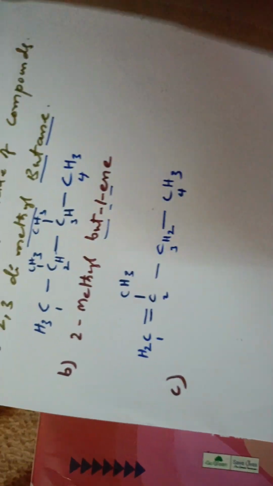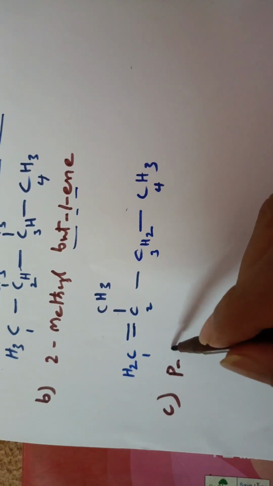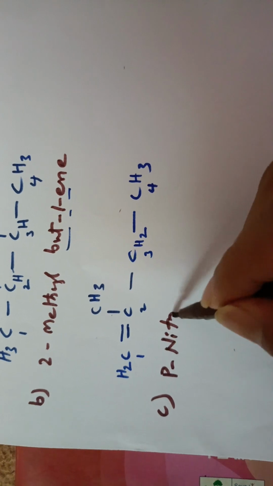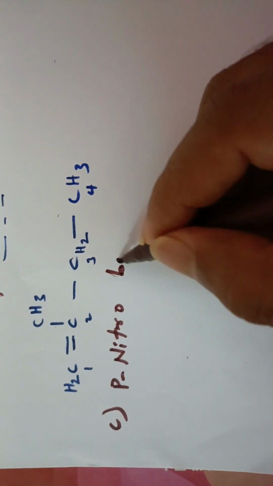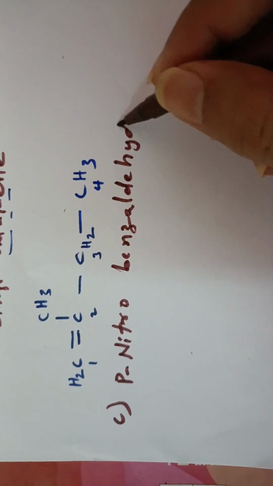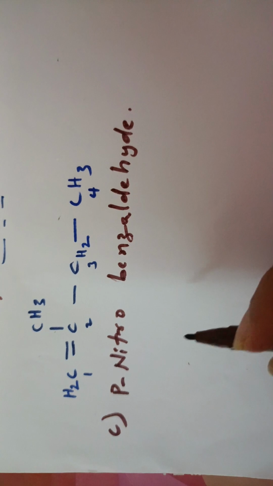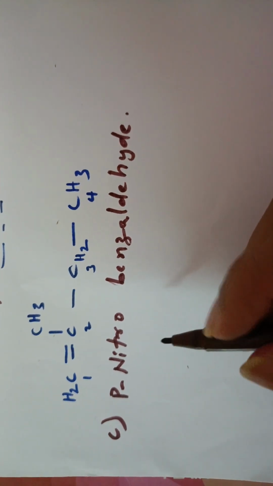Next one, para-nitrobenzaldehyde. P means para, nitro, benzaldehyde. Okay, para-nitrobenzaldehyde.